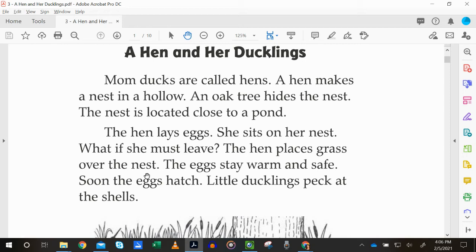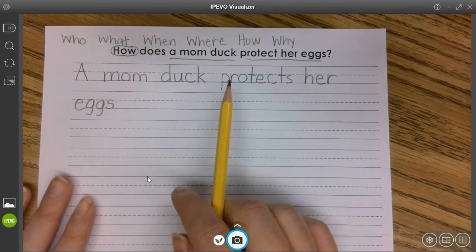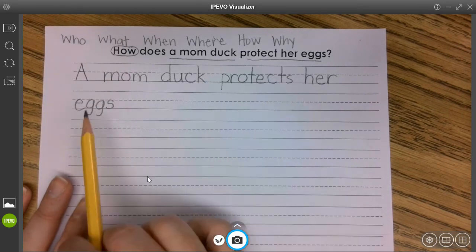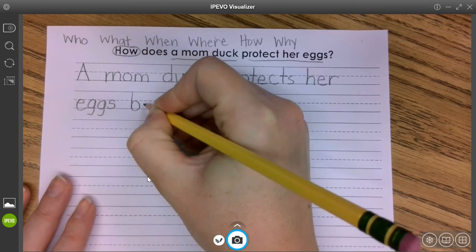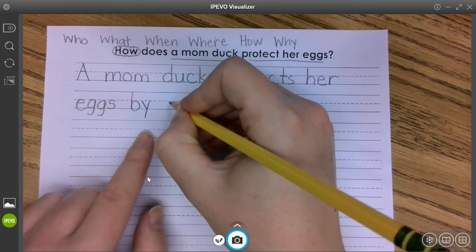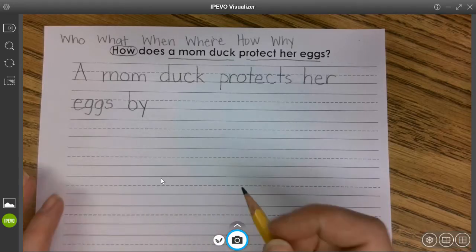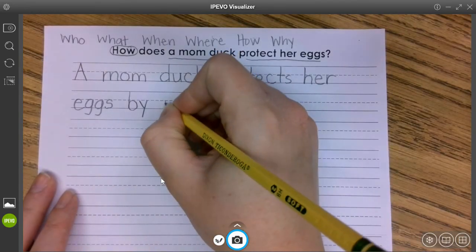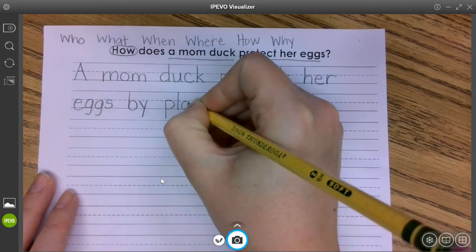Okay, so what did the mom do to protect her eggs? A mom duck protects her eggs. How? By will help us answer the word how. By placing, what was it they said? The hen places grass over the nest. By placing, I have to change the form of the verb for it to make sense.